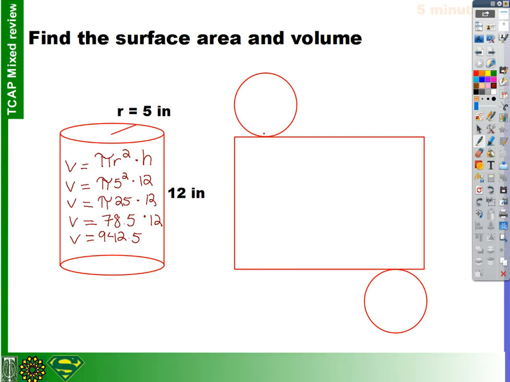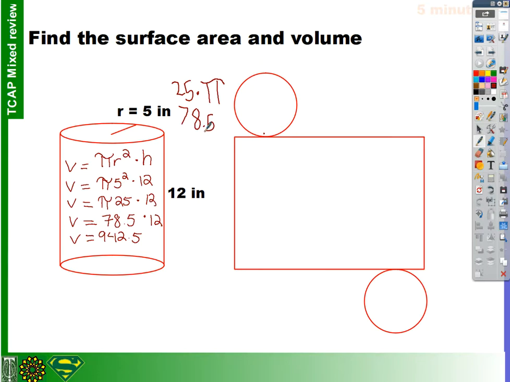So, to find the surface area, first we need to find the area of the circles, which are these two. The area of the circle is pi r squared, so radius times radius squared is 25, because 5 times 5 is 25, times pi, which is 78.5.